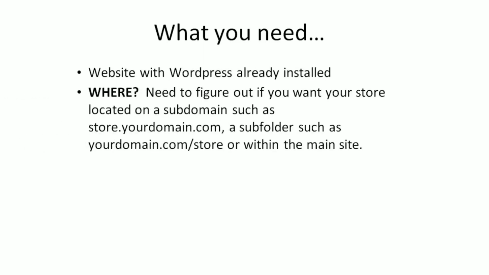Now, in terms of where, you need to figure out if you want your store located on a subdomain, such as store.yourdomain.com, or maybe you want it to be located within a subfolder, such as yourdomain.com/store, or within the main site. Those are things that you need to figure out before you watch this video course. Now, obviously, you can watch the video course and then go back and implement that as well. But the main thought process is, where do you want to install?